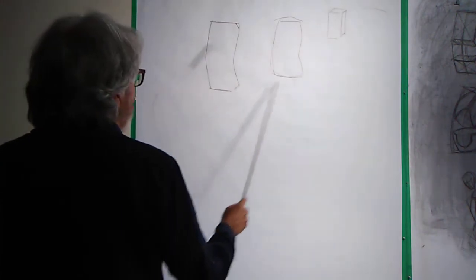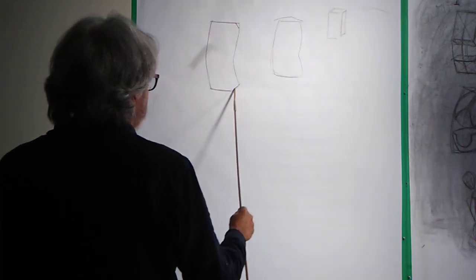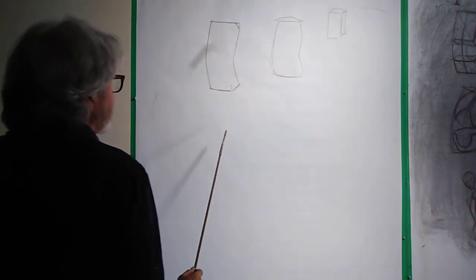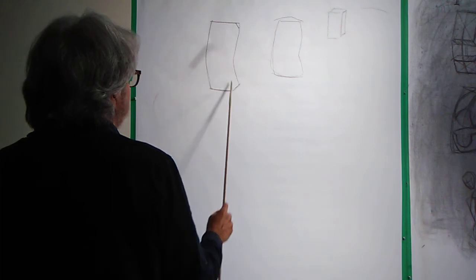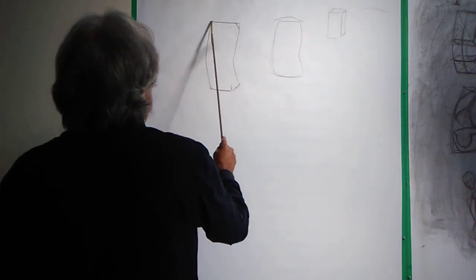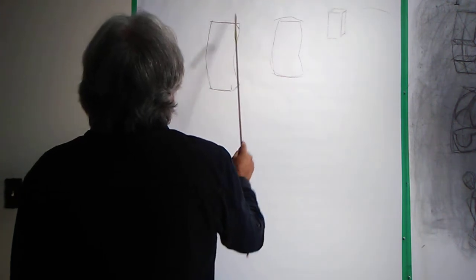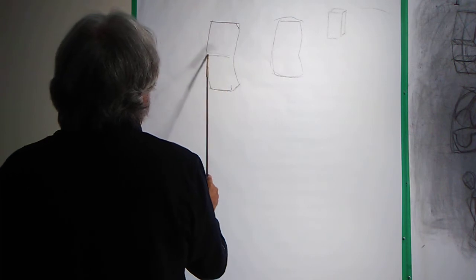So what we're doing now is, I'm imagining a front plane and a side plane, so I'm putting a plane break. As soon as I put a plane break there, it already suggests to the mind, even though it's flat in here, a movement, a change of direction. So if I do this, and then I'm going to say my rib cage is going to come down to, say, here.